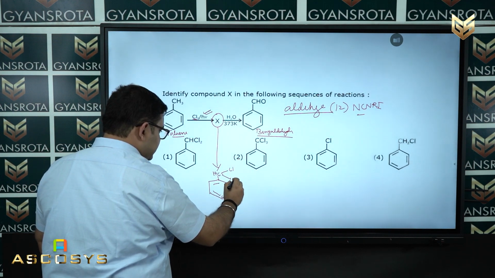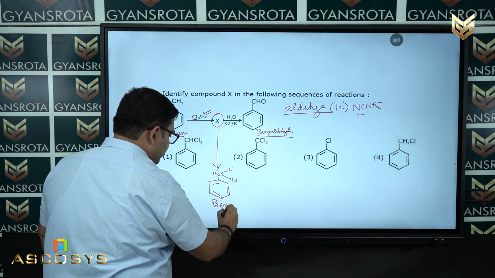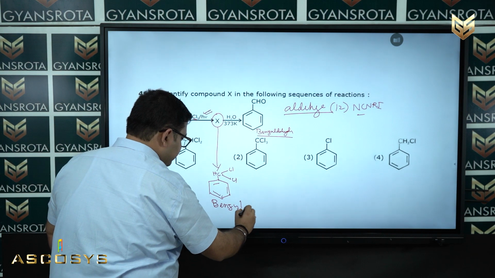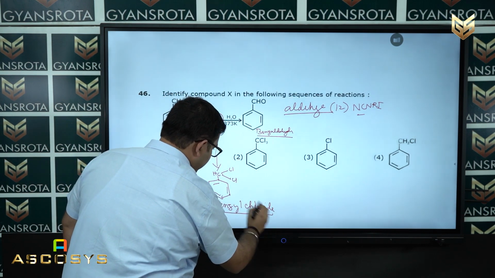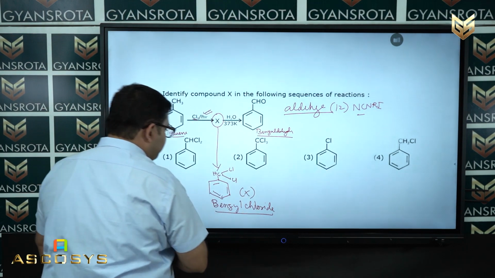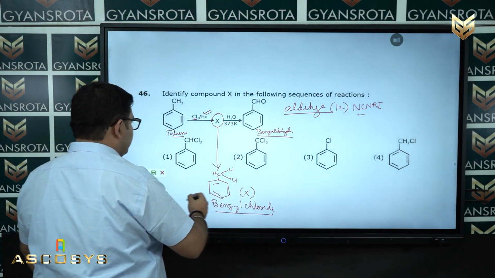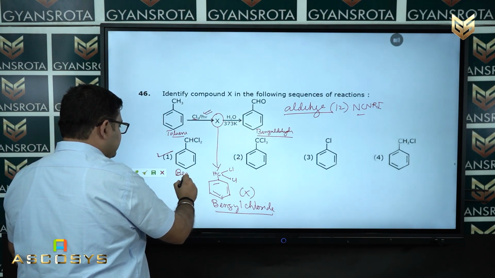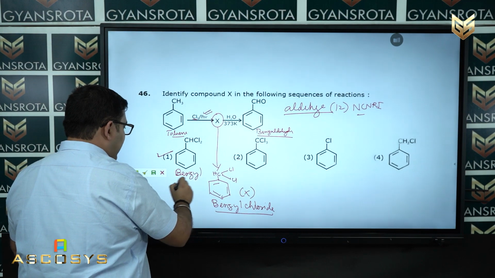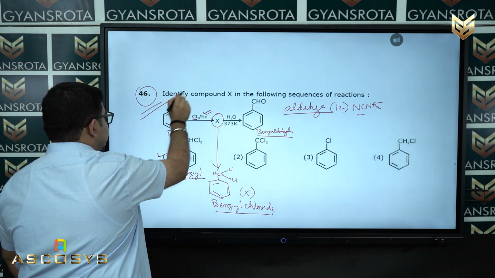So, this is the structure of benzyl chloride and this is nothing but your X. The X is nothing but that is a benzyl chloride. Now, if you see your option number 1, which is given as benzyl chloride, and this is the correct answer of your question number 46.